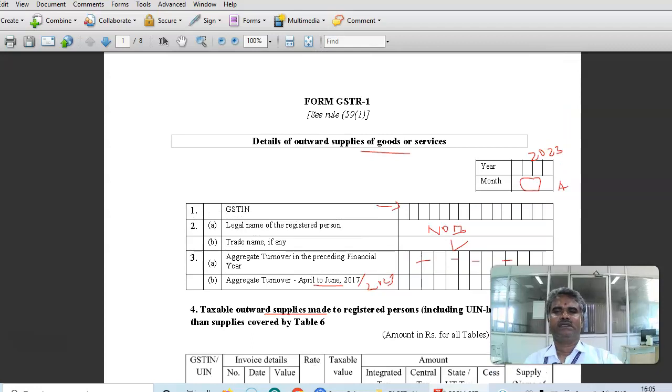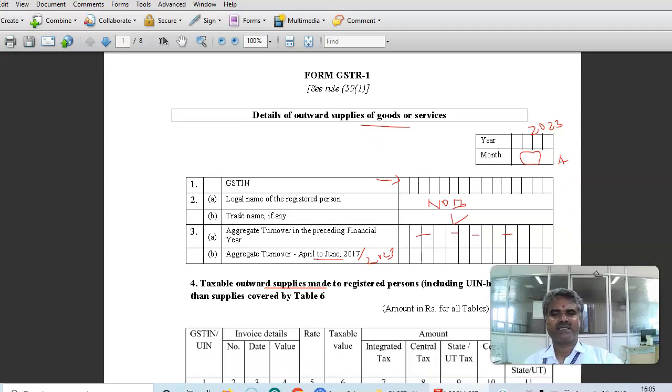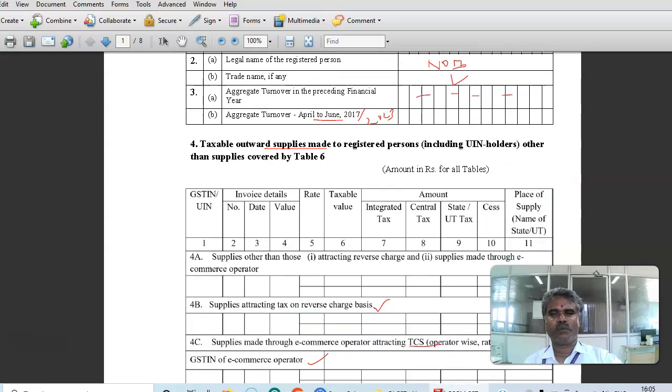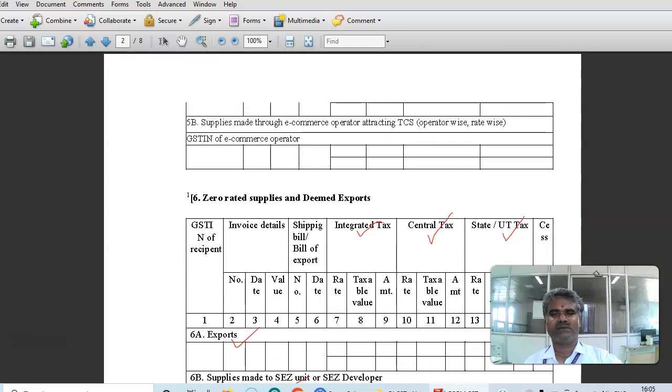Yeah, this is GST I. See rule 59, because already I told you we have to discuss 169 rules, 172 sections and 3 schedules in the GST. So GST I comes under rule 59(1). Okay, GST I. I hope you can understand, and I hope all of you saw this one.